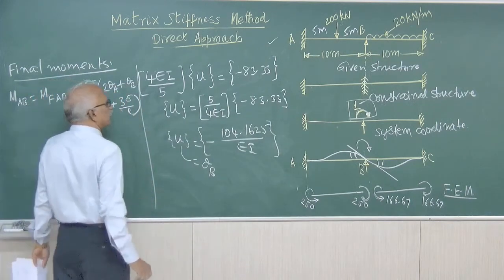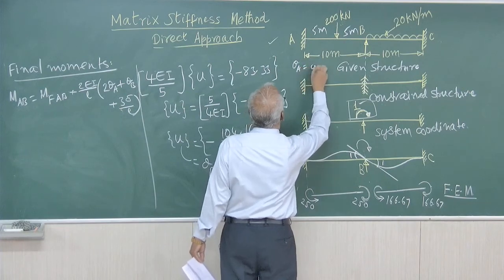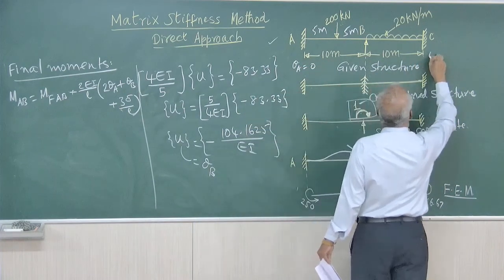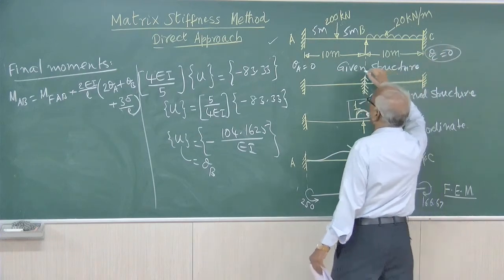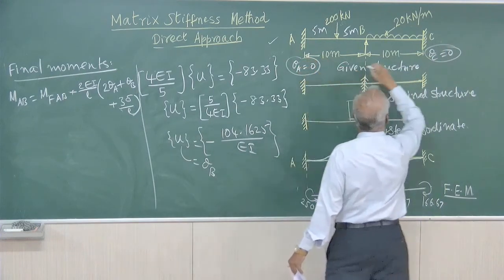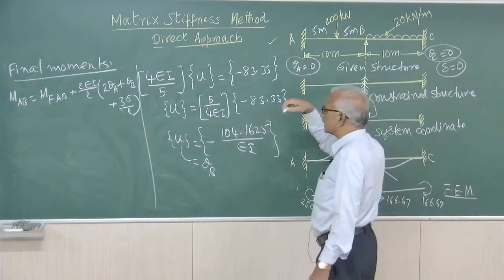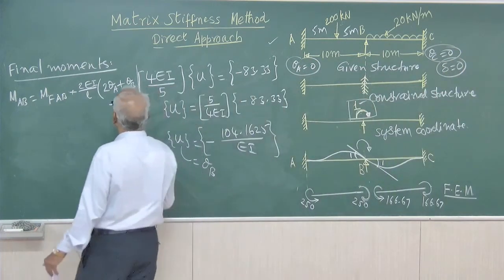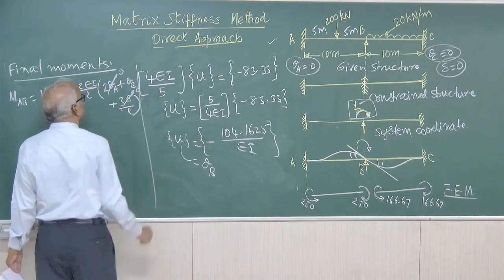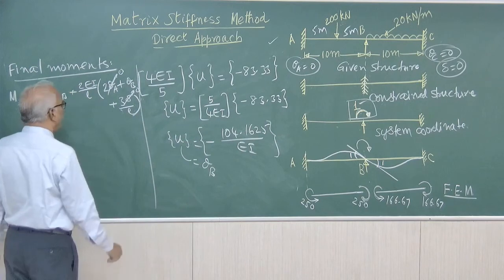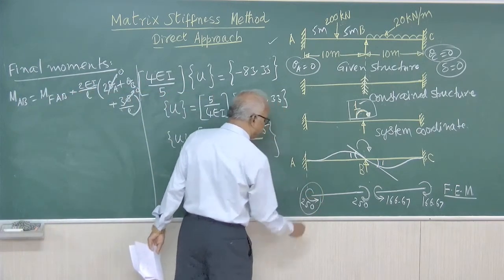Now in this problem, theta A is 0 because A is fixed. Theta C is 0, and delta is also 0, because nothing is mentioned about the settlement. Theta B we have got, and we have got M of AB, which is minus 250.